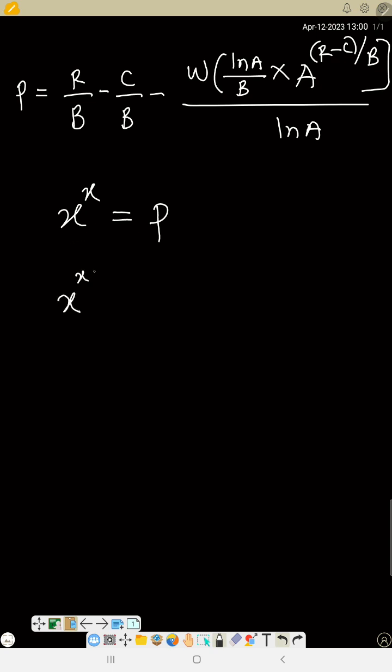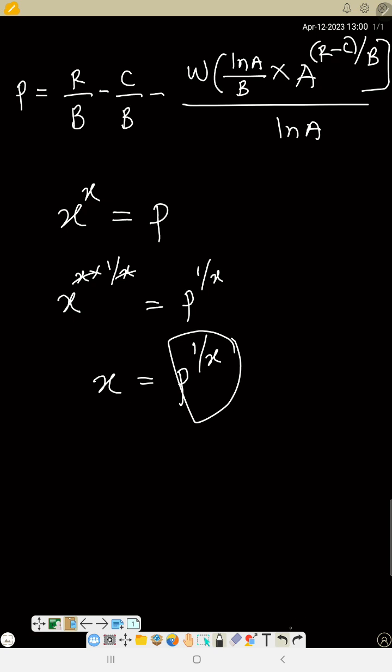That would be S times 1 over S, is equal to P raised to power 1 over S, so that this S will cancel out. So S will be equal to P raised to power 1 over X. Apply ln to this side, the E to this side.